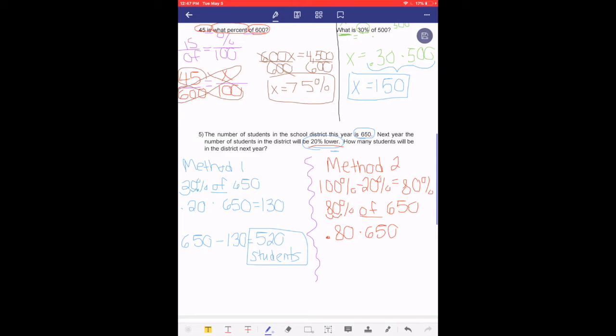So when we do 0.80 times 650, we'll get 520. And again, this problem, we're talking about how many students. So I'm going to write students as my label. Notice if I did method one or if I did method two, I got the same answer.